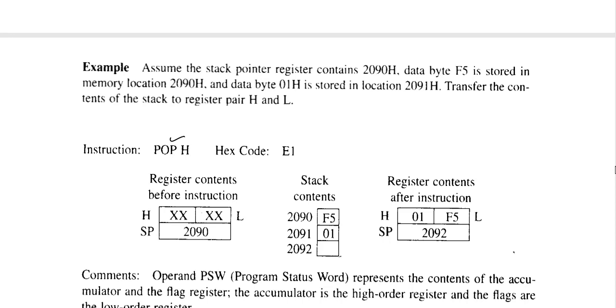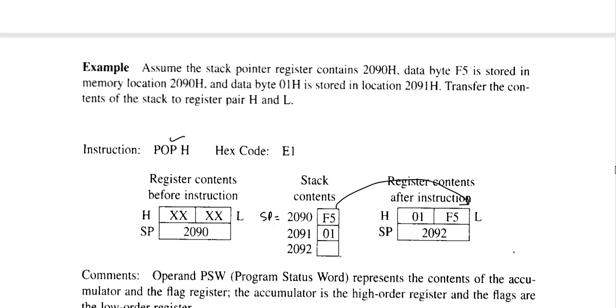So if we do pop H, and for example the value of stack pointer is 2090, whenever we pop H, it means we are moving the F5 value onto the L register.